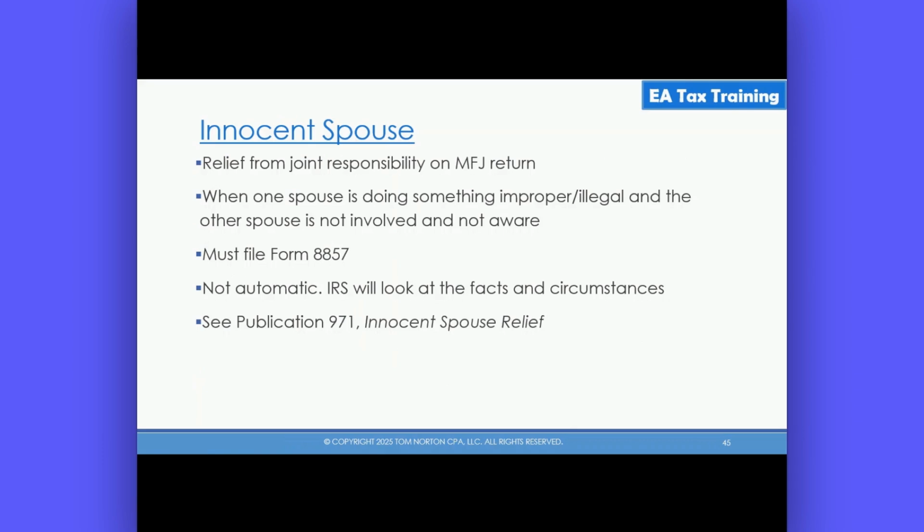Now, this is not automatic. The IRS will look at the facts and circumstances to determine whether or not the person actually is an innocent spouse. So, let me give you an example. If you are a tax nerd like me and you like reading tax cases, there are actually a lot of interesting innocent spouse tax cases because it's usually happening with very wealthy people.